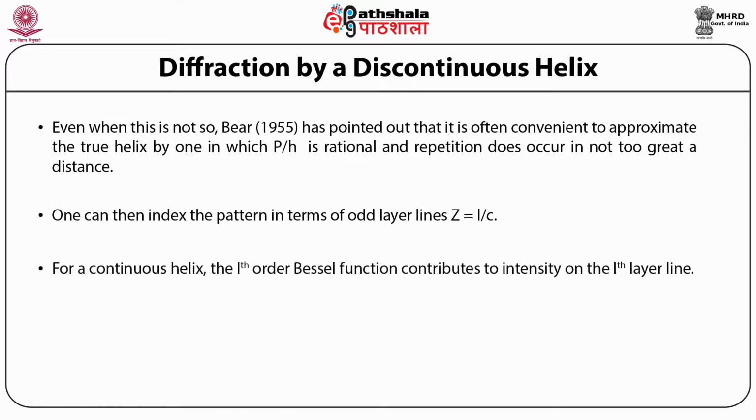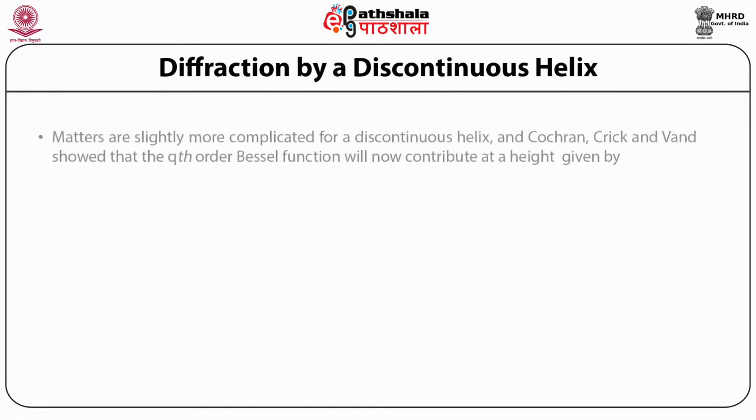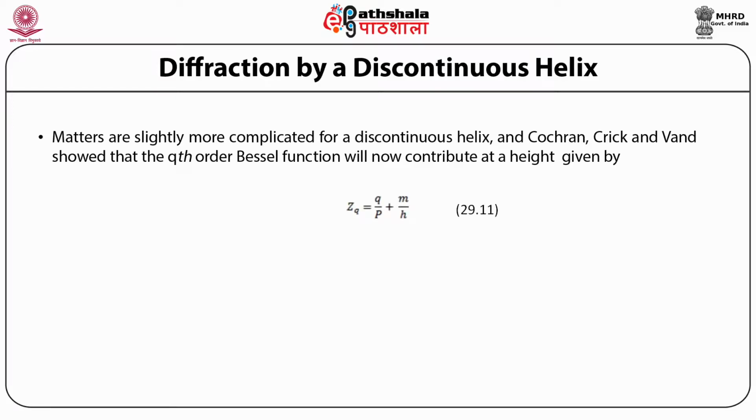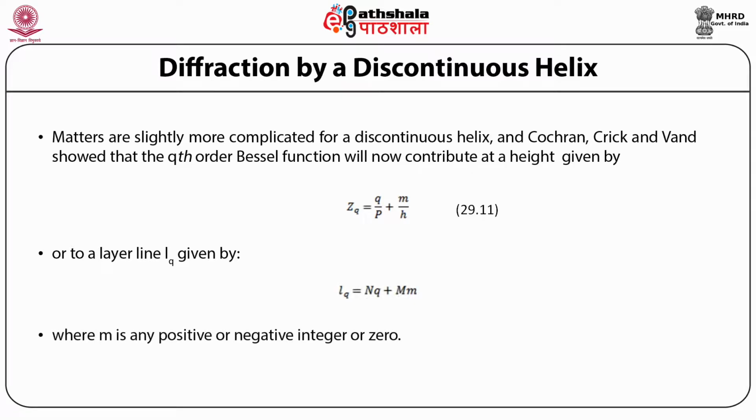For a continuous helix, the jth order Bessel function contributes to intensity on the jth layer line. Matters are slightly more complicated for a discontinuous helix, and Cochran, Crick and Vand showed that the qth order Bessel function will now contribute at a height given by Z_q equals q over P plus m over h, as given by equation 29.11, or to a layer line l subscript q given by l of q equals Nq plus Mm, where little m is any positive or negative integer or 0.